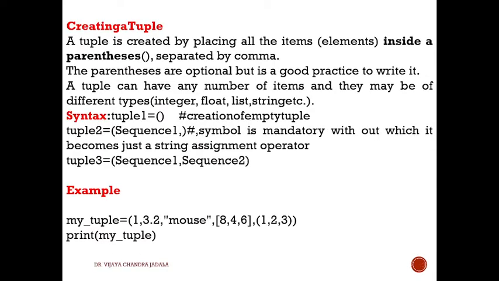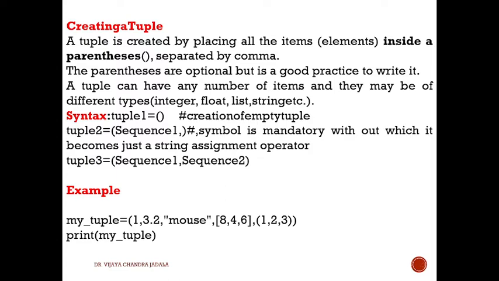Creating a tuple. Creating a tuple is as simple as putting different comma separated values. Optionally, you can put these comma separated values between parentheses. A tuple is created by placing all items, that is elements, inside parentheses separated by commas.